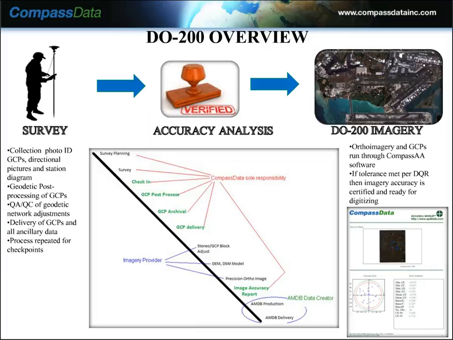And as you go down this flow chart here, right in the middle, survey planning, survey check, and GCP post-processing, GCP archive, GCP delivery, these are all certified processes that are the sole responsibility of CompassData.